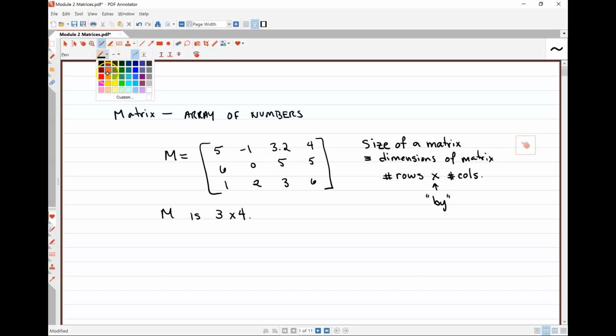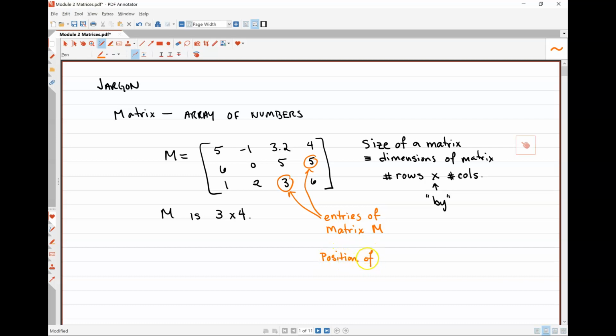Now, these guys in here are entries of the matrix M. Each one of these things is an entry of the matrix M. And the way that we describe the position of an entry, let's describe the position, say, of 2 in matrix M. Here's the 2, right here.